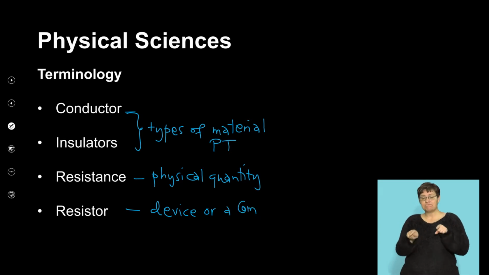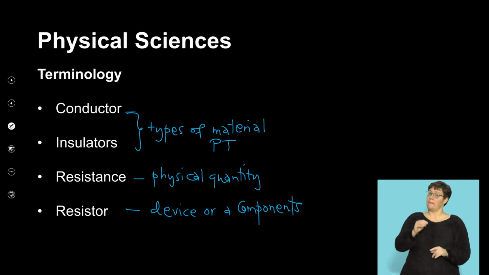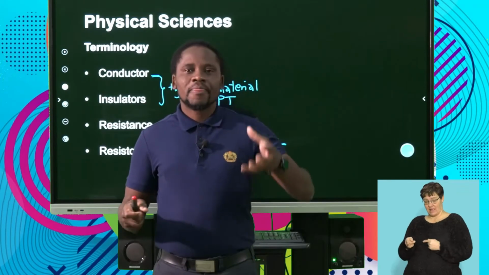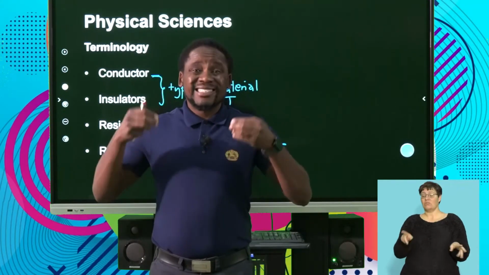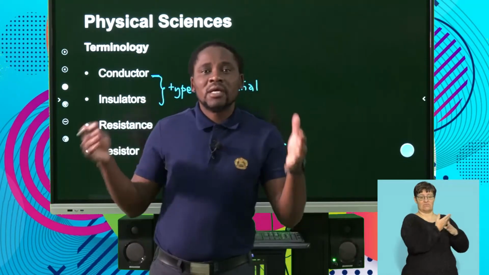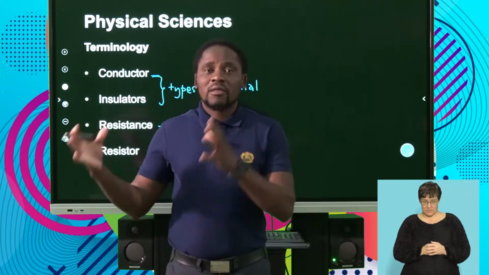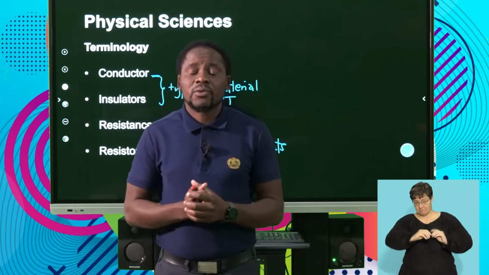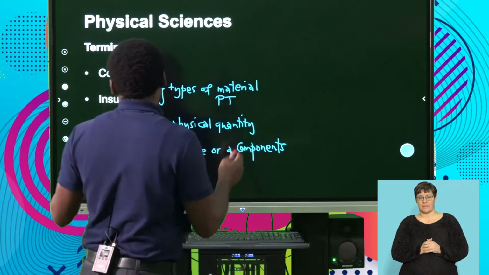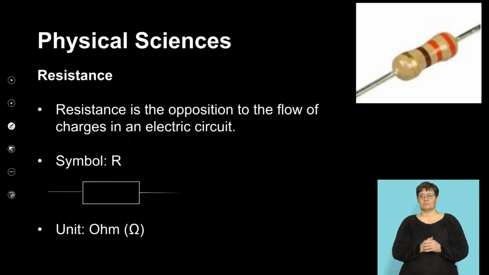It's very important because the two words are often used interchangeably to mean the same thing, which is not accurate. A resistor is a device or a component, while resistance is the measure or the quantity that a particular device offers in terms of resistance, as we shall establish through our discussions. So that's as far as the terminology is concerned.